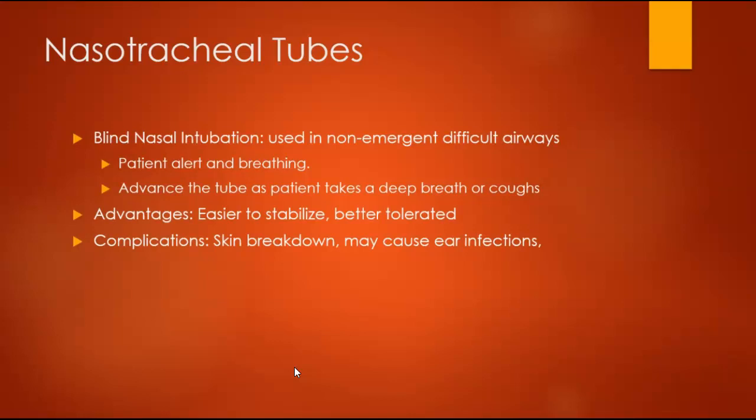Putting the patient in the sniffing position while they're doing this helps direct it into the trachea. Once the patient's not able to talk around the tube, or their vocalization becomes difficult, you probably are through the vocal cords. Then you can inflate the cuff and stabilize it, and then sedate the patient for comfort.